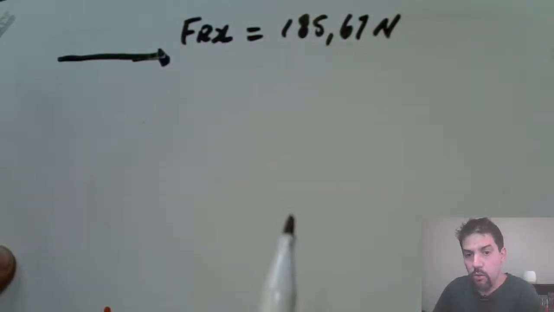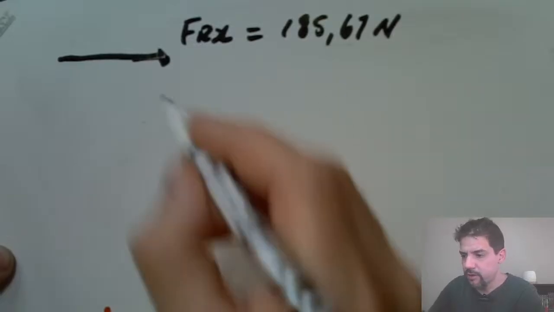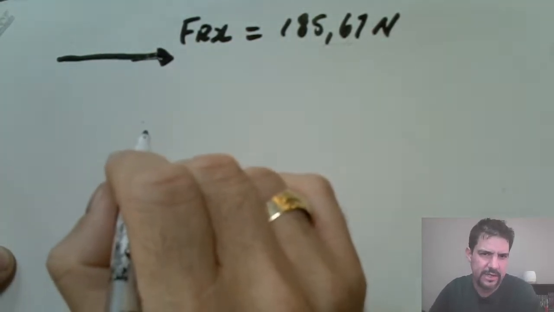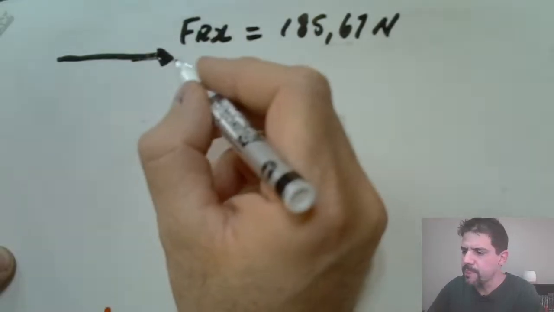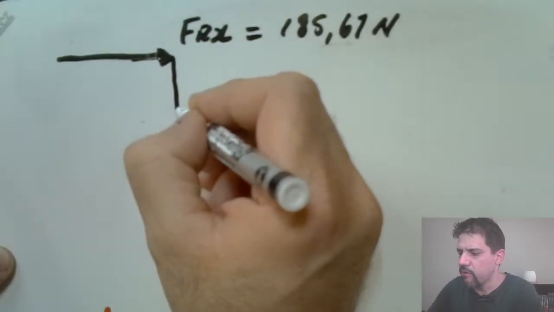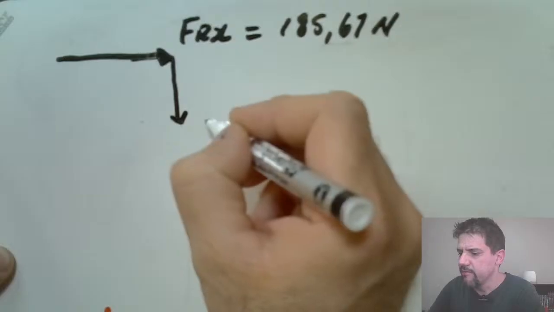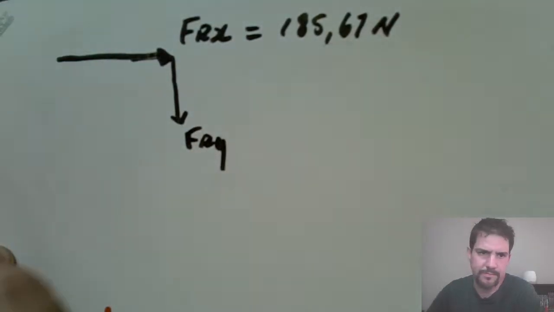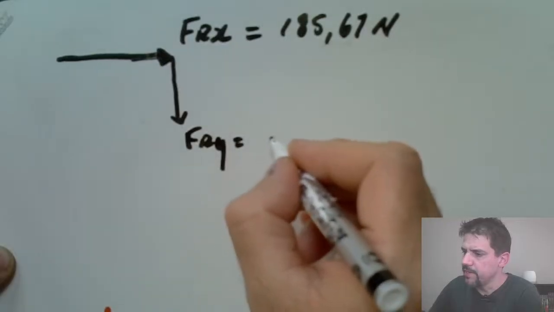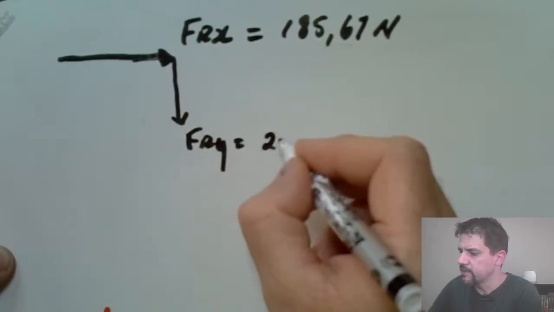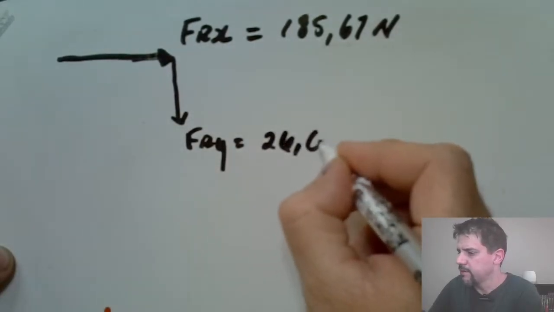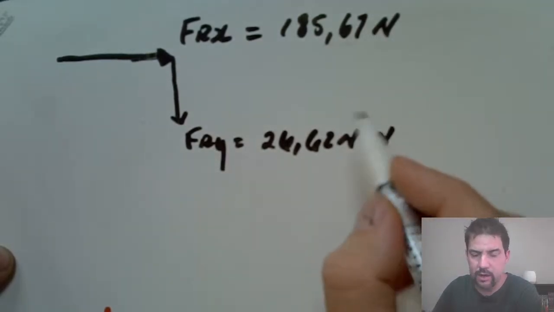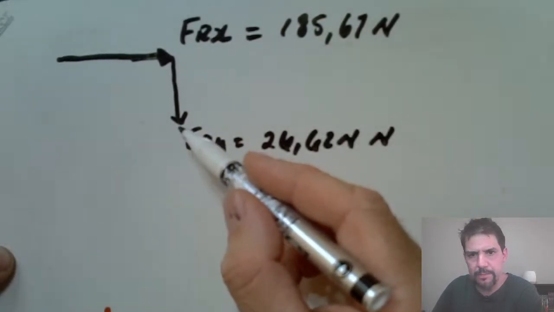Now, where is the y? It is pointing down. So from here, I'm going to draw head to tail, just in case somebody needs it. If you draw it from here, you draw it down. This one will give you F_R in y, and F_R in y will be equal to 26.62 Newton. I am not going to write down because you can see it in the drawing.